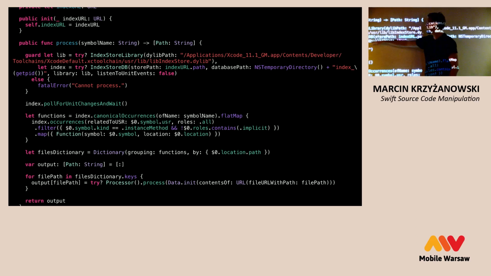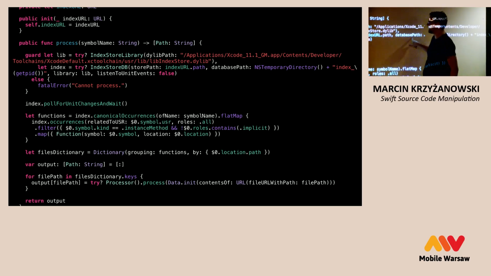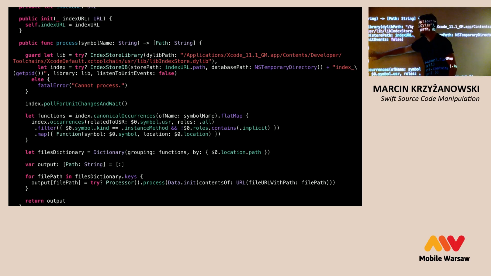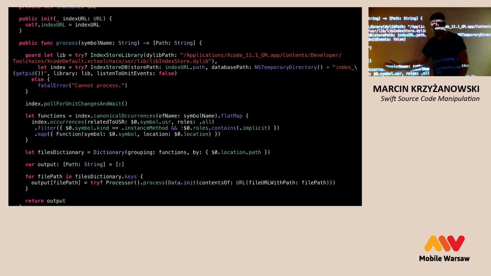Anyway, IndexStoreDB, path to the store, where to store a temporary database, and once we have that, read all the symbols. And after that, I can ask for occurrences of the symbol. And this is what I'm doing.